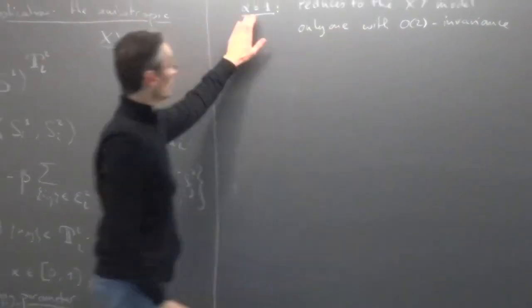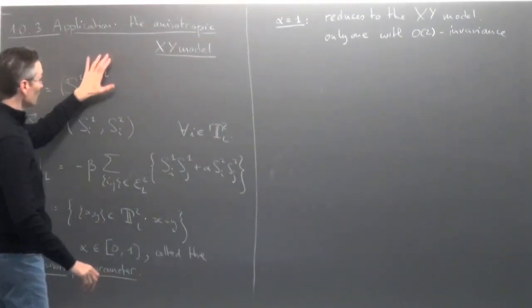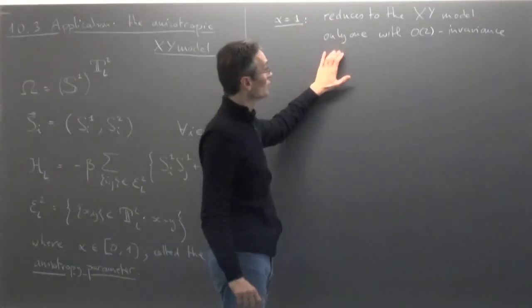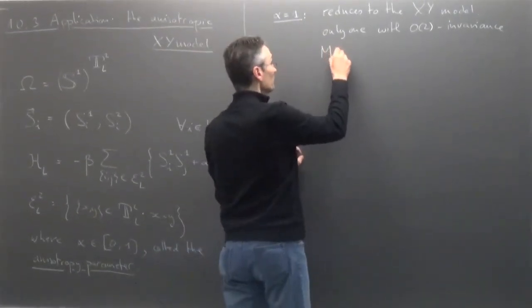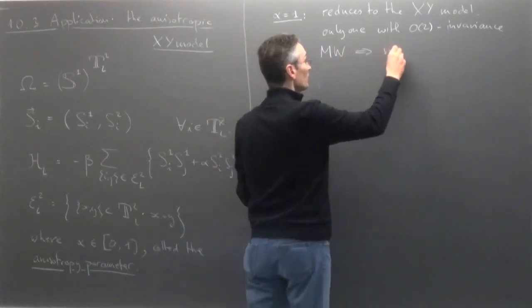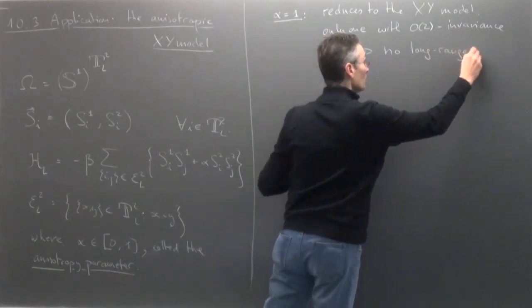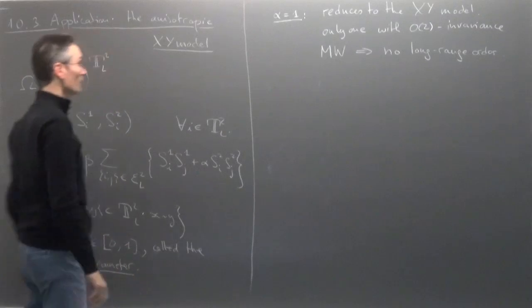So in the case alpha equal 1, we already know that in dimension 2, and I'm only considering dimension 2 at the moment, by the Mermin-Wagner theorem, there is no long range order in the system.